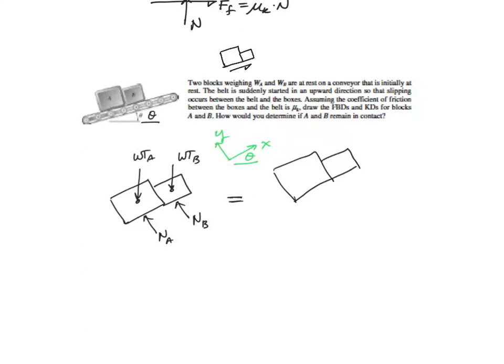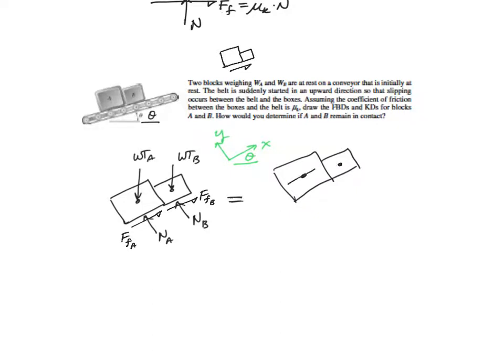That belt starts to move, and that belt is going to deliver force of friction. I'm going to call it force of friction to block A, and also the force of friction to block B. Those would be very different from each other.